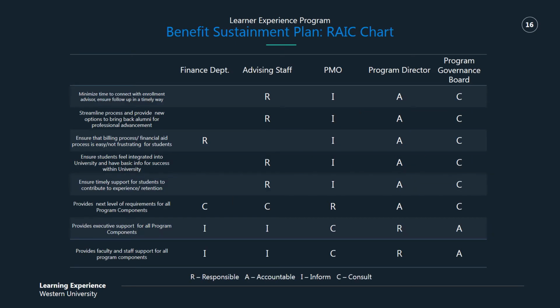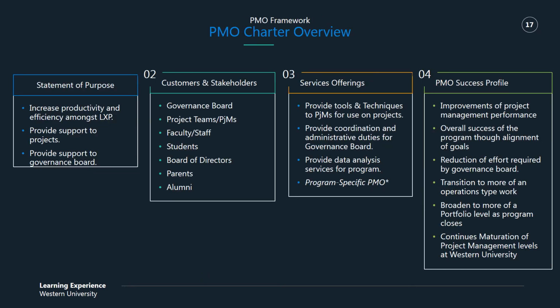And then once again, for our sustainment plan chart, we have our responsible, accountable, informed, and consulted with various departments and people. And then finally, we have our PMO, or Program Management Office Charter Overview. Statement of purpose: to increase the productivity and efficiency amongst the learning experience program, provide support to projects, and provide support to the governance board.